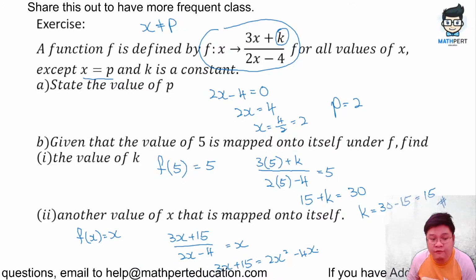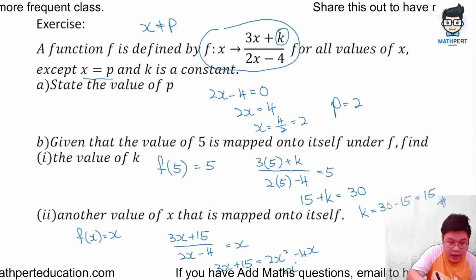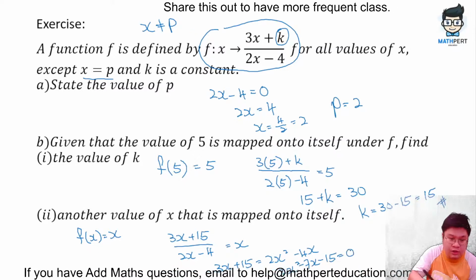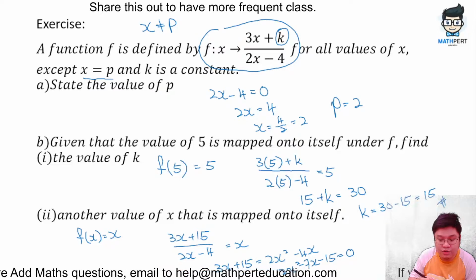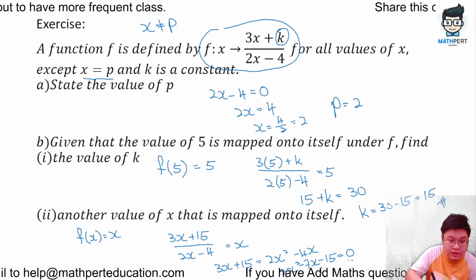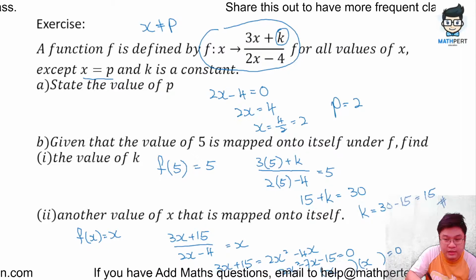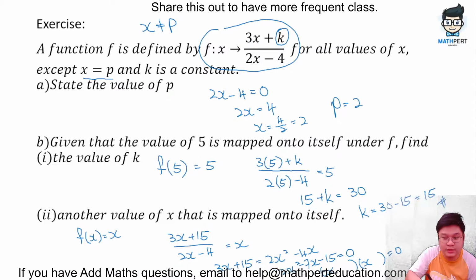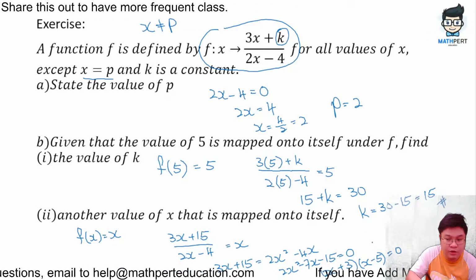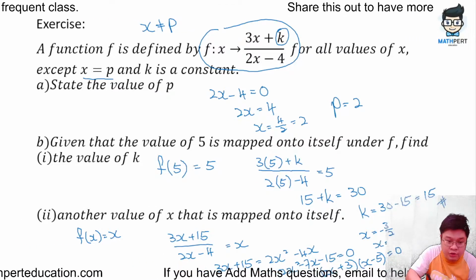Then we rearrange it: 2x squared minus 7x minus 15 equals 0. Then you can factorize it: (2x plus 3)(x minus 5). So x can be equal to negative 3 over 2, or x equals 5.